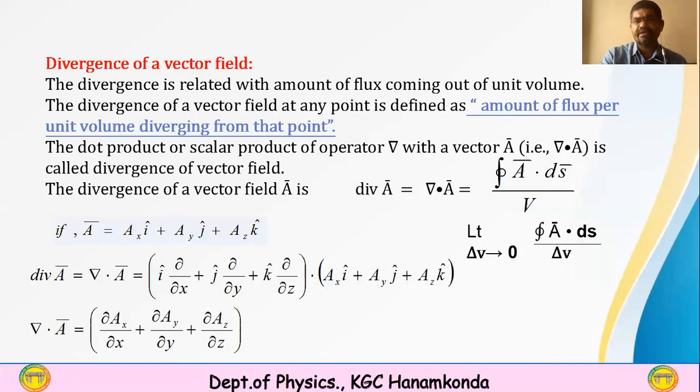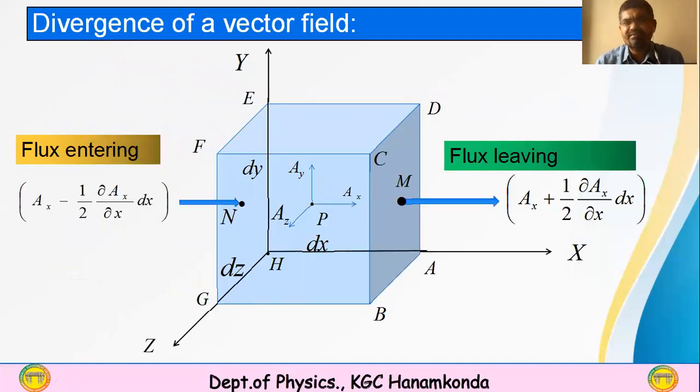Now we are going to derive this expression for divergence. For the derivation of divergence of a vector field, we are taking a vector field here. In that vector field, I am taking a rectangular parallelopiped volume element whose sides are dx, dy, and dz.